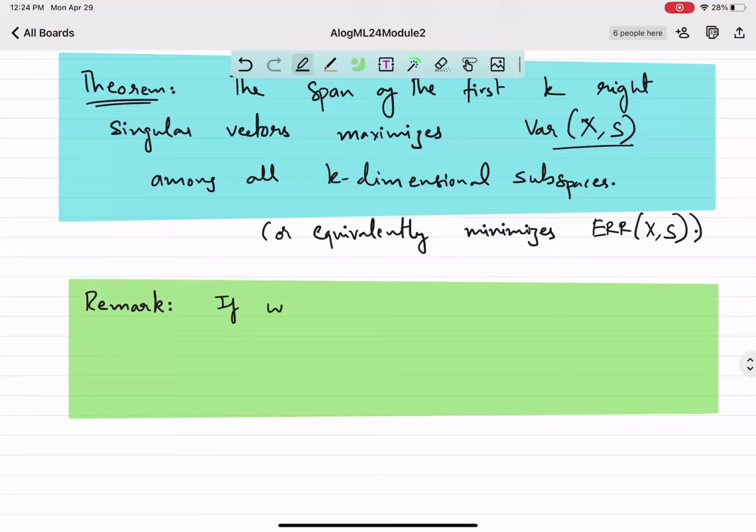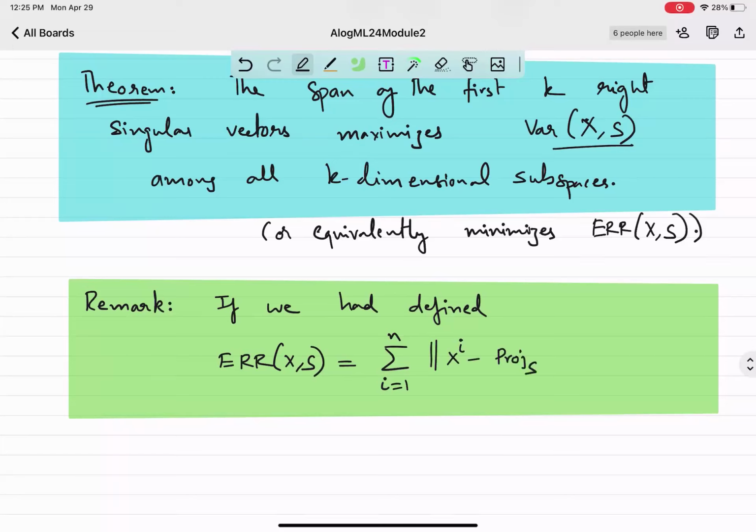Now, if we had defined the quality of a subspace as the sum of the error lengths without the square.